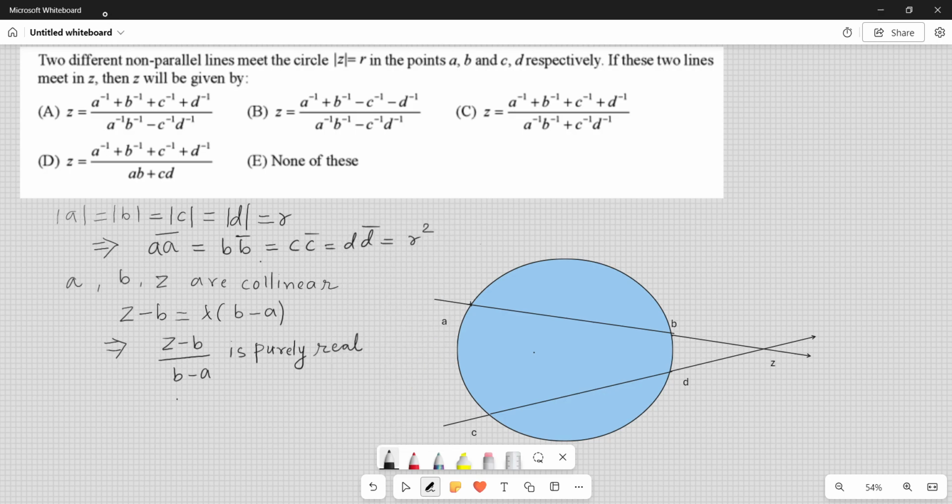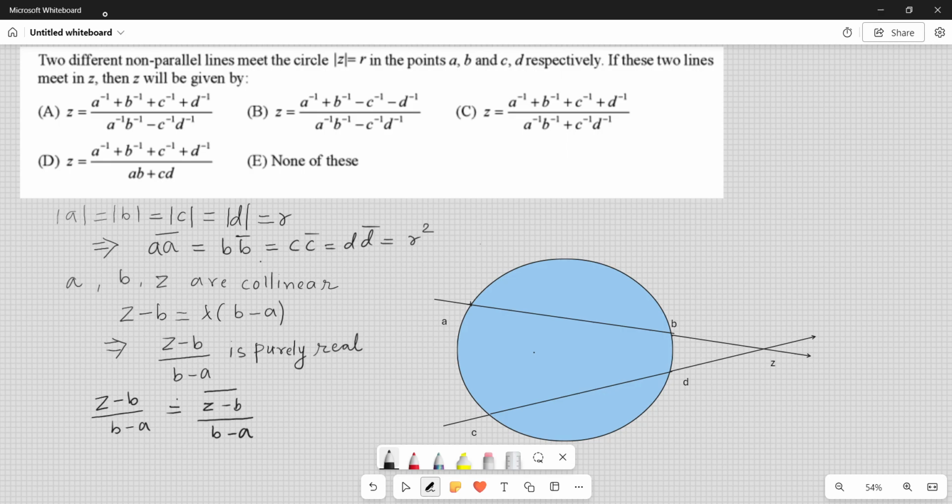So if it is purely real, then I can write (Z minus B) by (B minus A) should be equal to the conjugate of (Z minus B) upon (B minus A).